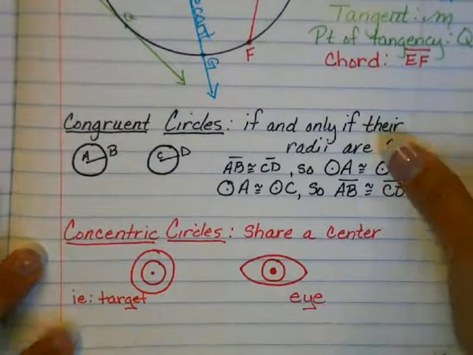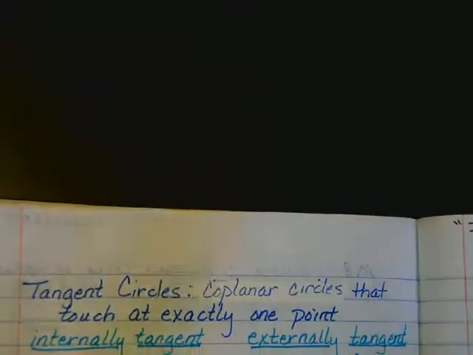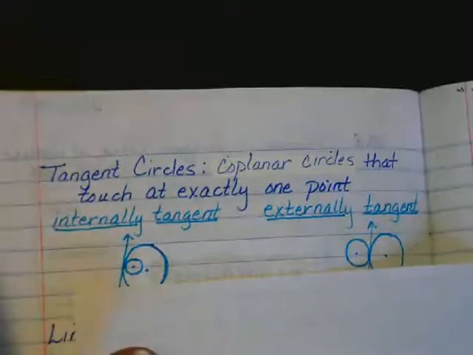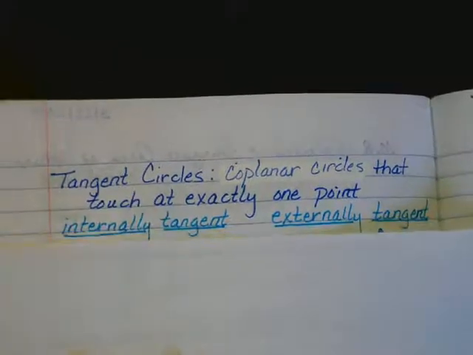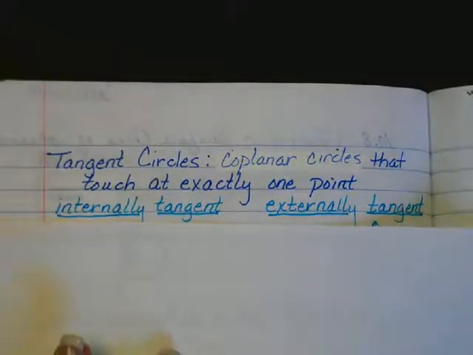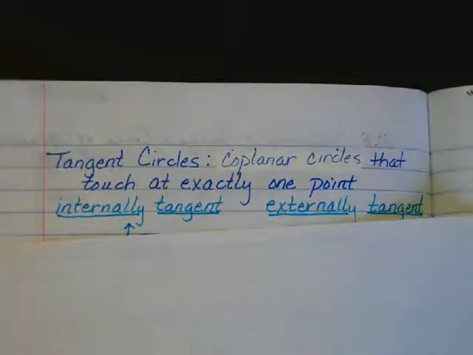All right, let's move over here, to the left side of mine. If you have room to keep going, you're welcome to do that. Here you have tangent circles. Remember, a tangent line on a circle was a line that touched that circle at exactly one point. Well, tangent circles are coplanar circles, in the same plane, that touch at exactly one point.